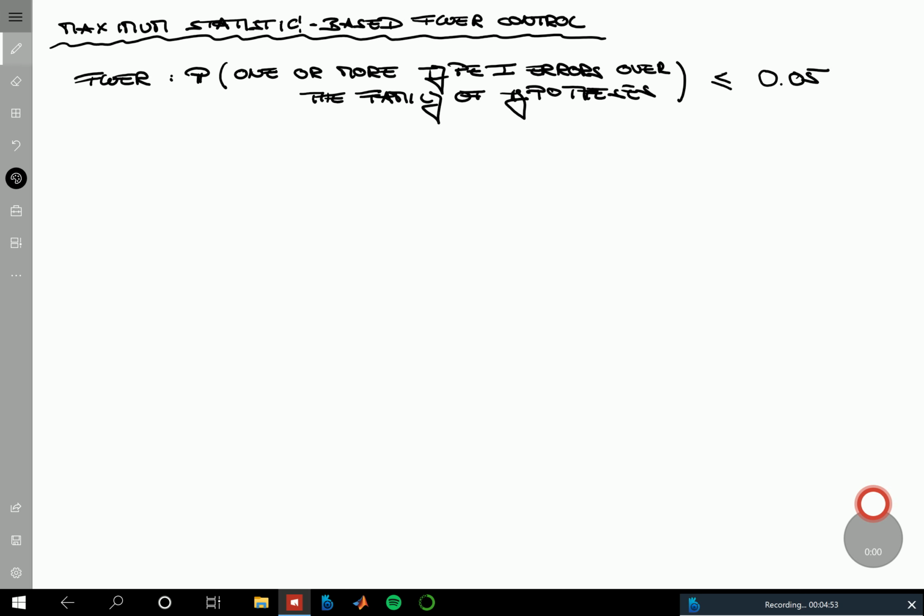In fact, the probability of observing 1 or 2 or 3 or 4 and so on type 1 errors is smaller than 0.05.